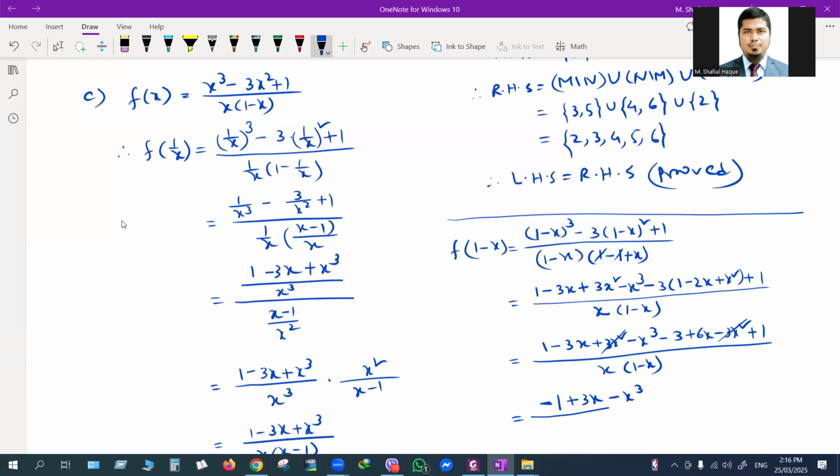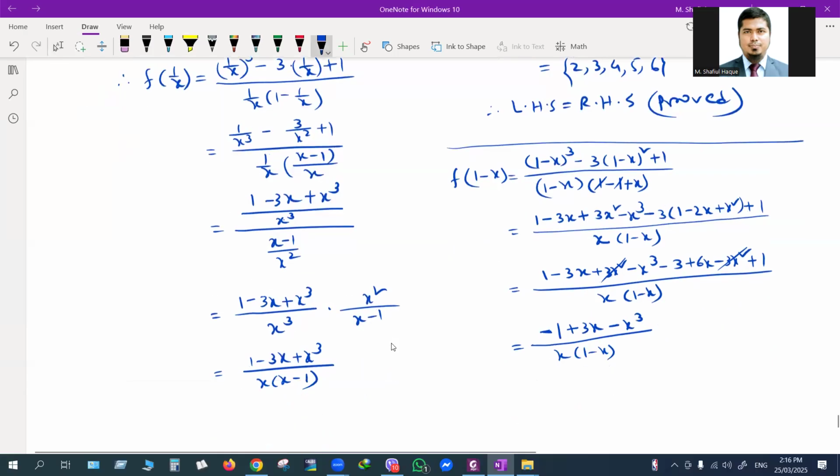In the denominator, it is x into 1 minus x. So we will take minus 1 common in the numerator: minus 1 common, then 1 minus 3x plus x cubed.